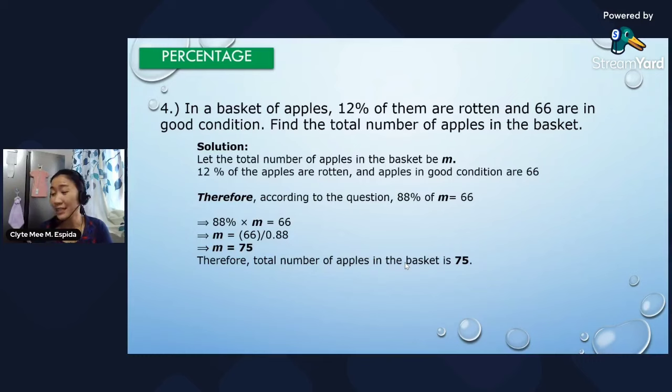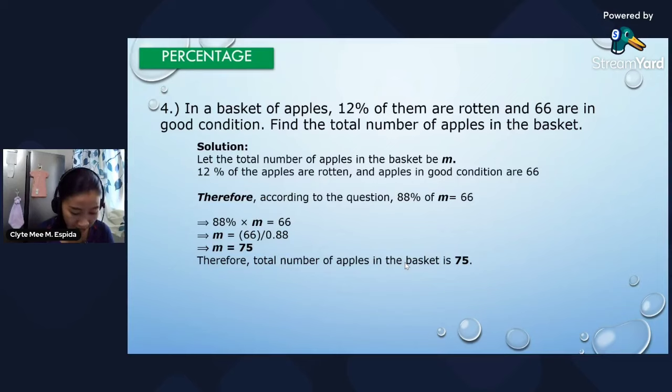Yung total po natin is 66. So, kinulang. So, try mo naman times 0.88 mo naman times 75. So, the answer is 66. Okay? So, the correct answer is 75.